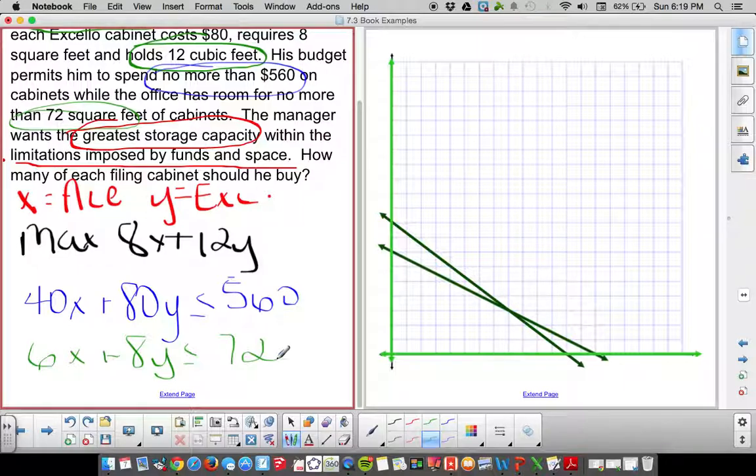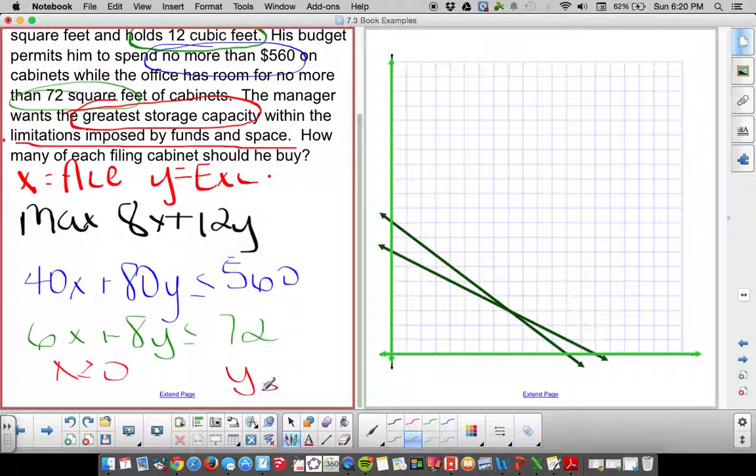Okay, so what we've done here is we've come up with our constraints. And again, we also have the limitation that we can't buy a negative amount of cabinets. So we know X and Y both have to be bigger or equal to 0. And so we're going to graph our equations here based on my X and Y intercepts.